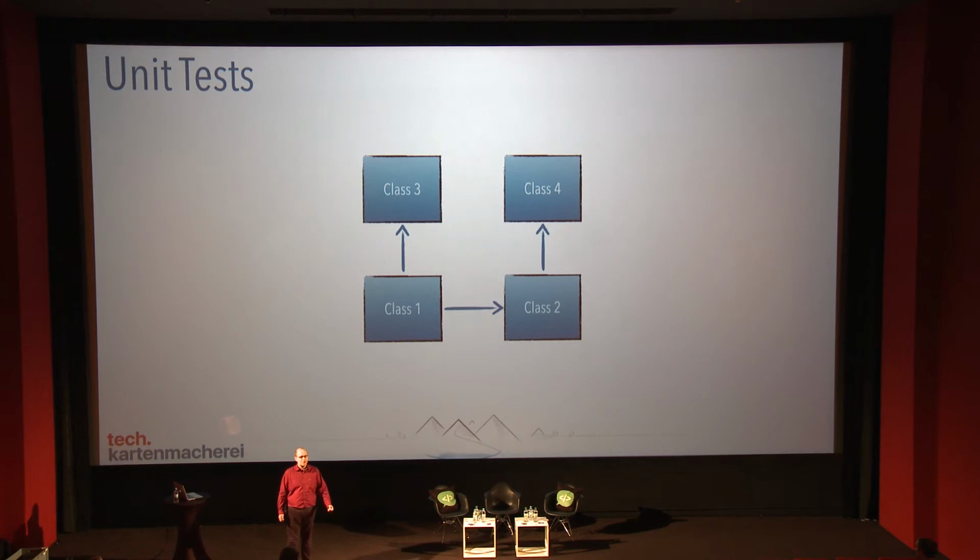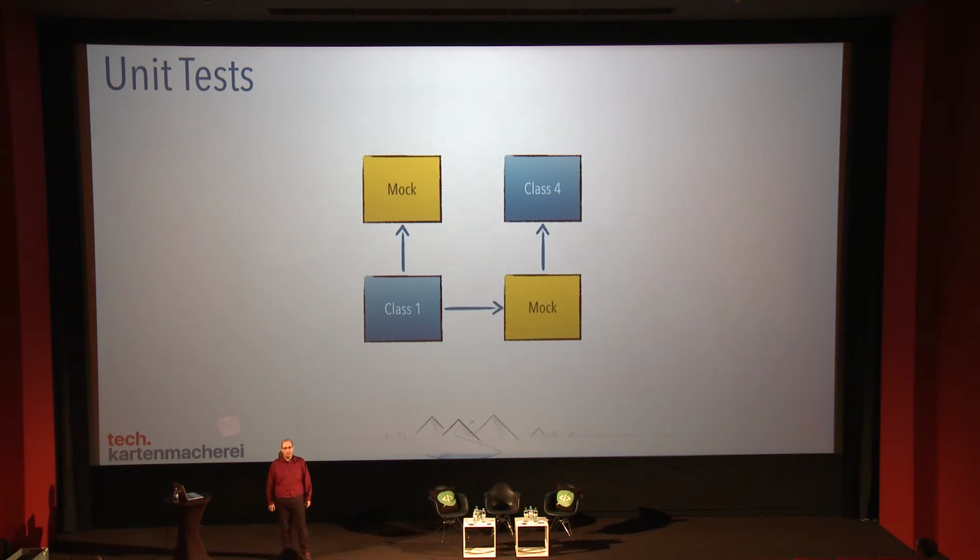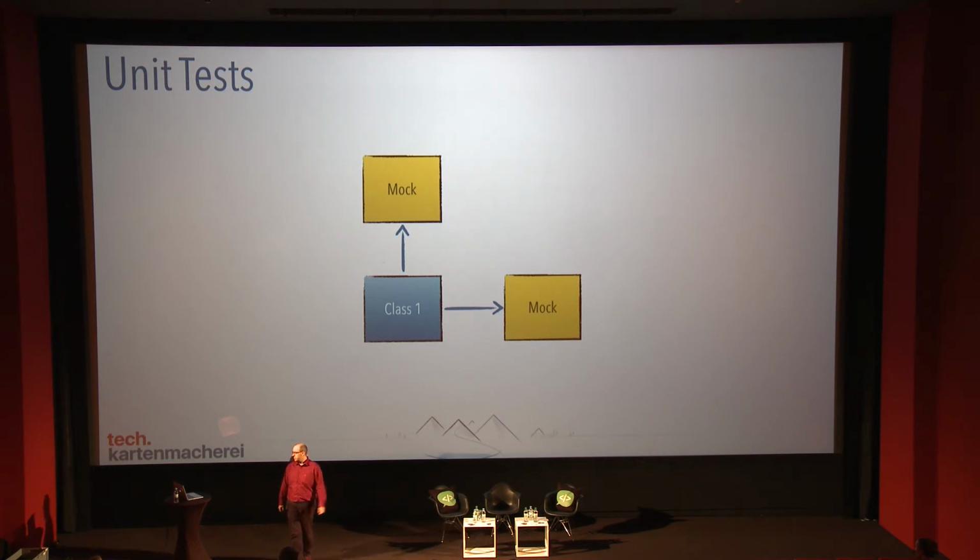So to test just the unit of class 1, we have to mock everything away. But what we are not doing is mocking class number 4, because class number 4 is a dependency of class number 2. By mocking class number 2, by definition, class number 4 is gone from our perspective because class 2 is mocked.